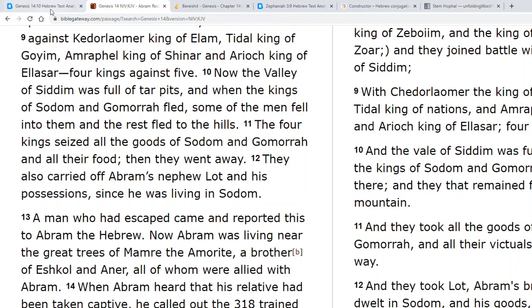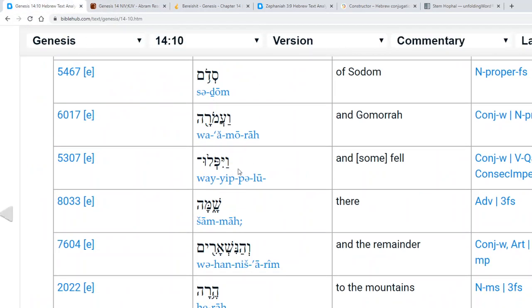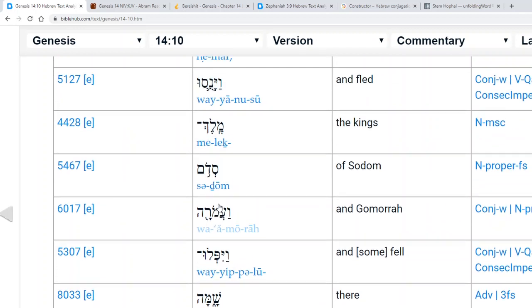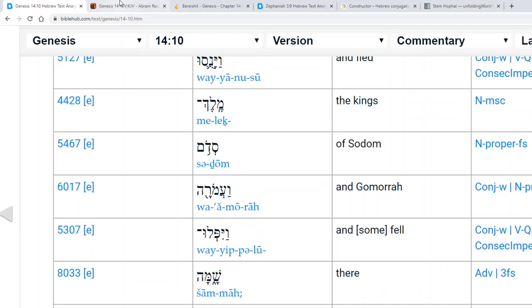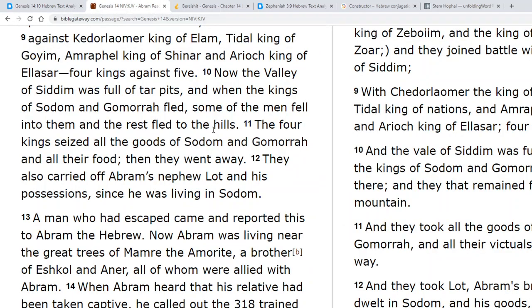Fell into them? Oh, Vayiplu Shama. I wouldn't say fell into them. I see what they mean, but I wouldn't agree. Not necessarily. I would just say that they fell.